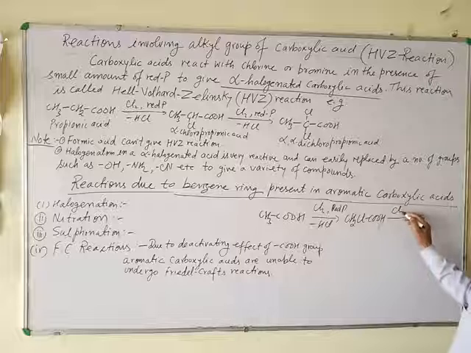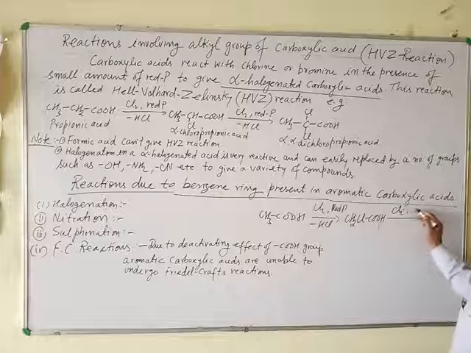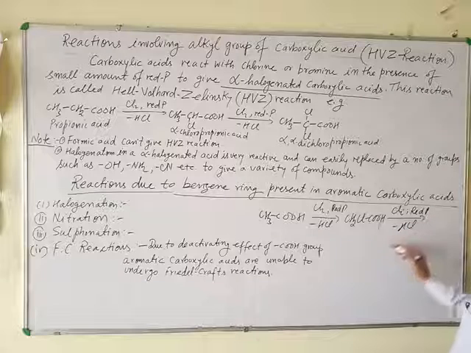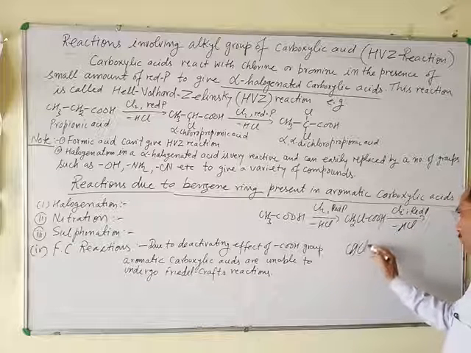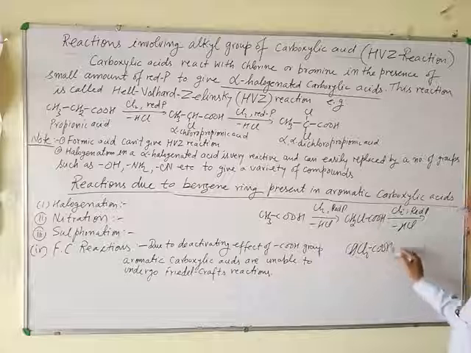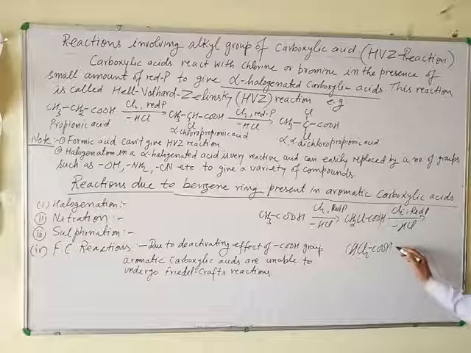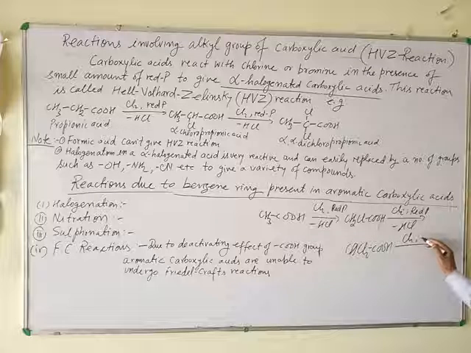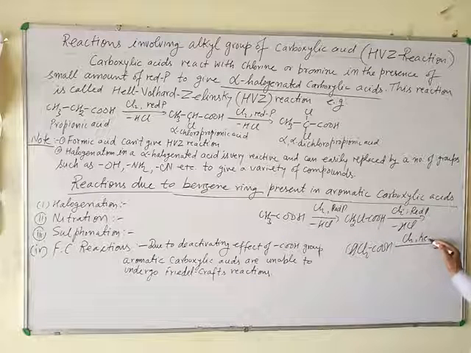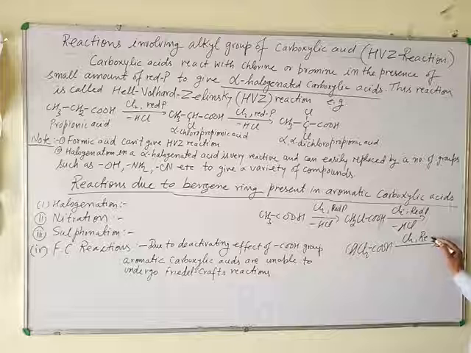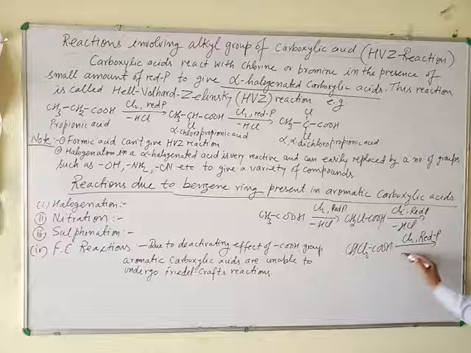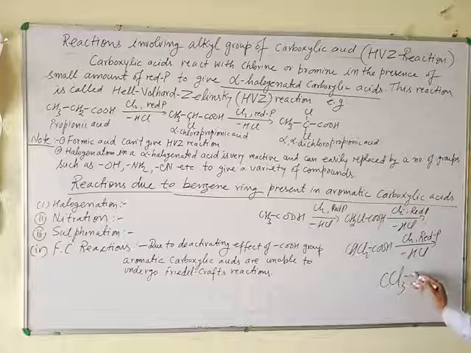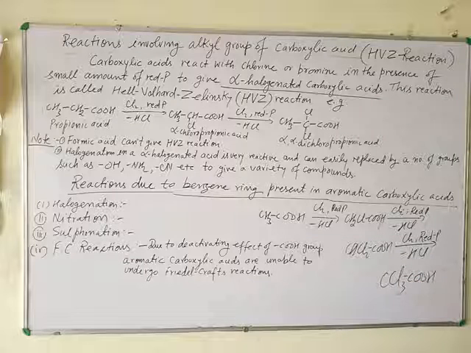Then dichloroacetic acid, CHCl2COOH, is formed, and when it again reacts with chlorine in presence of red phosphorus, trichloroacetic acid is formed.